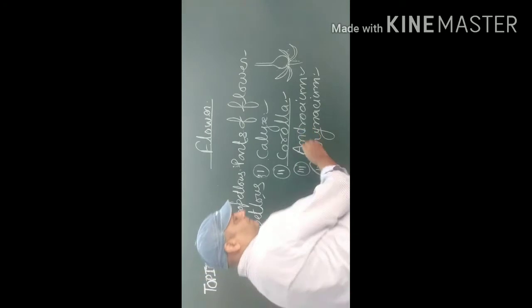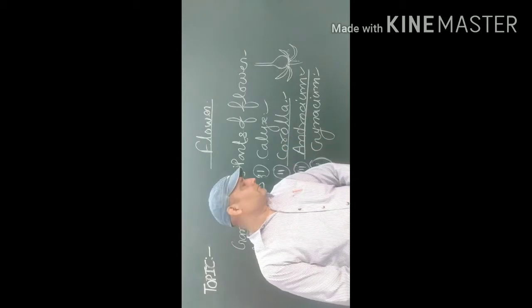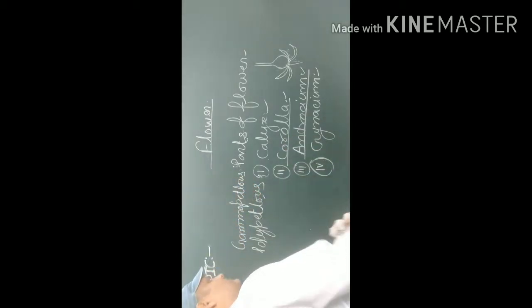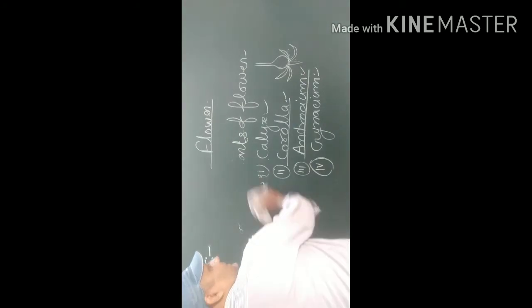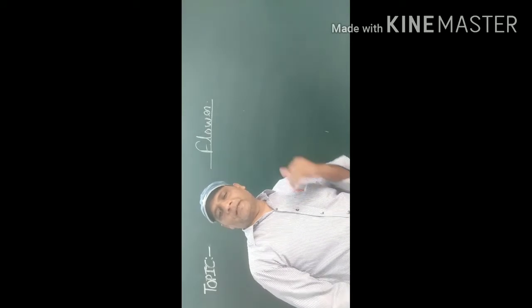Next, androecium. It is the male part of flowers. It is composed of stamens. A stamen is composed of filament and anther.